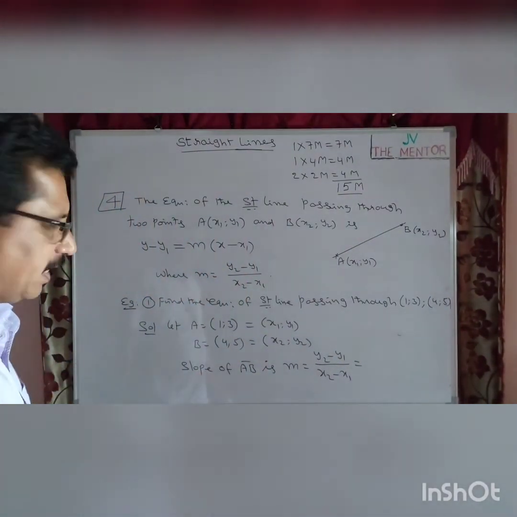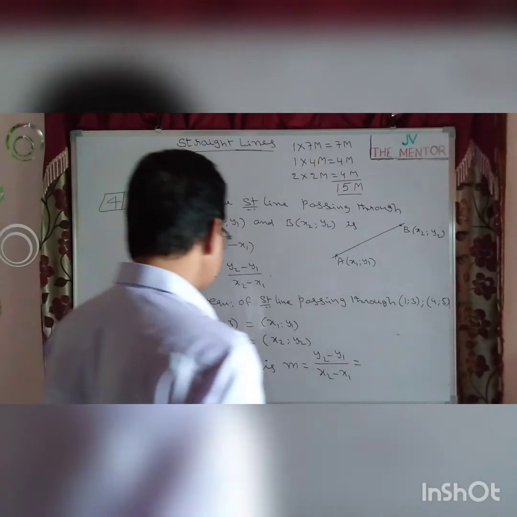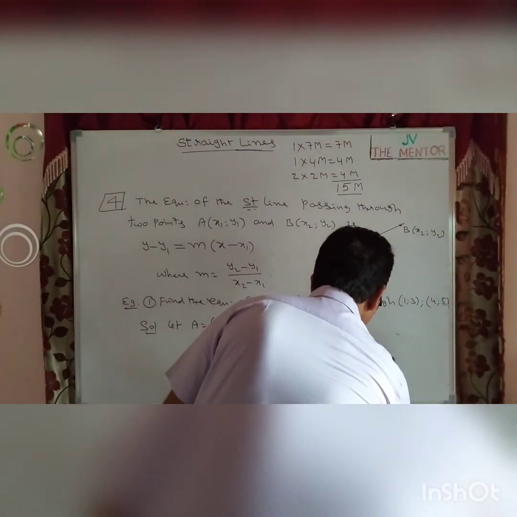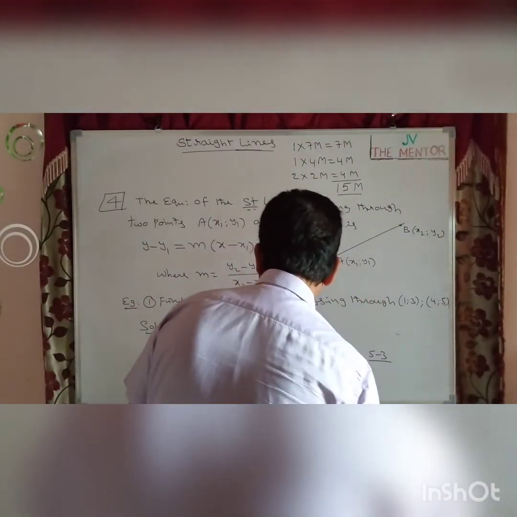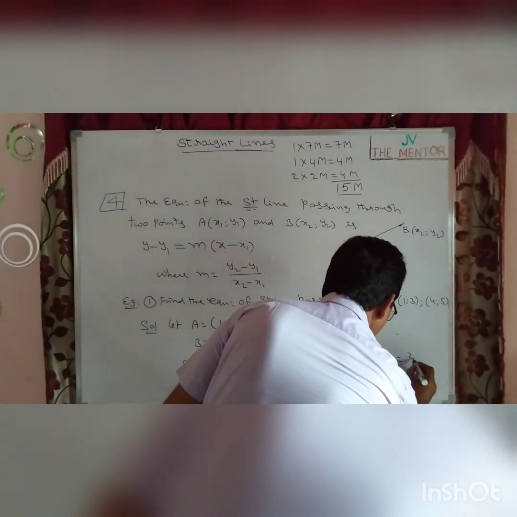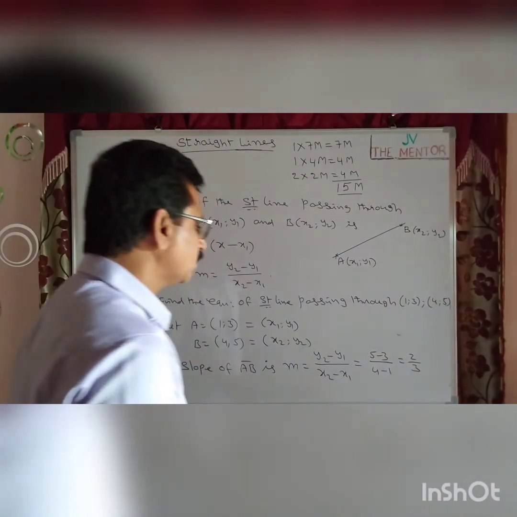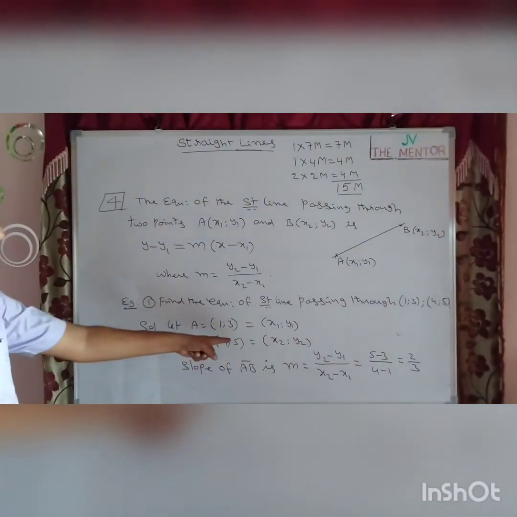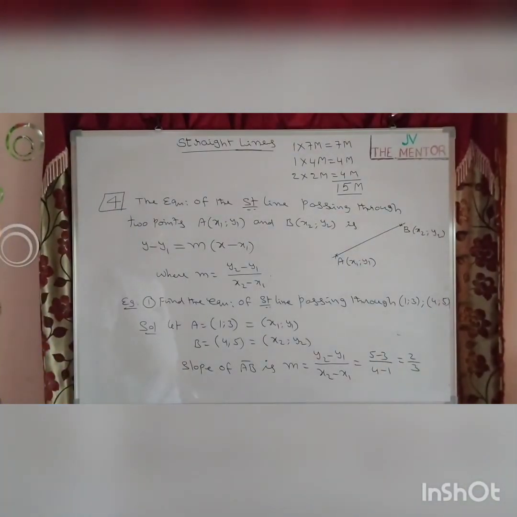Now substitute the values. y2 minus y1, 5 minus 3 by 4 minus 1, that equals 2 by 3.